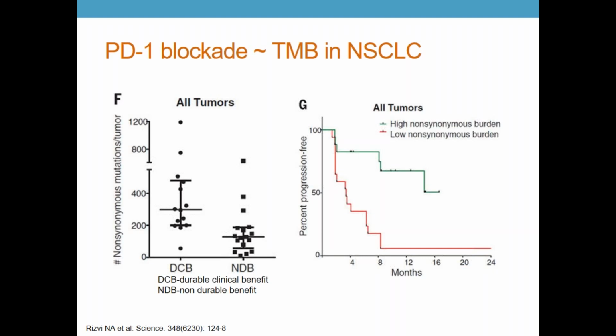Now, when you look at all tumors and you look at the effectiveness of blocking the PD-1 or PDL1 axis, you can see over on the left, labeled G, that you get a very effective, durable clinical benefit when you have a large number of what are called non-synonymous mutations per tumor.